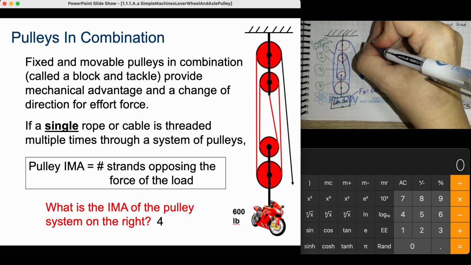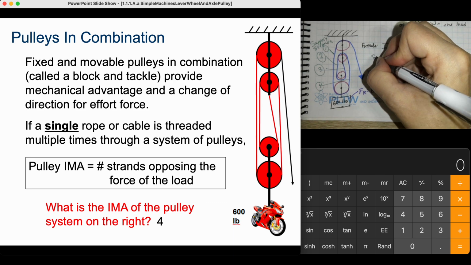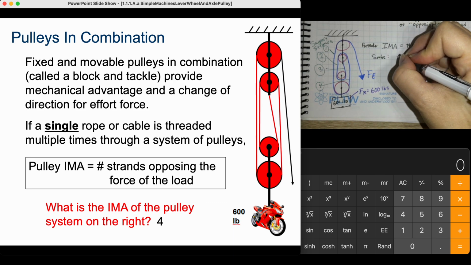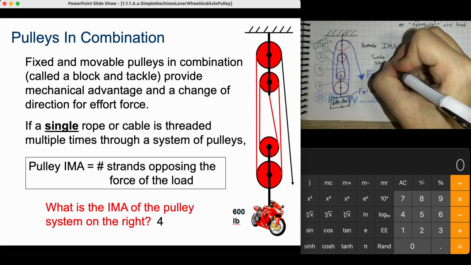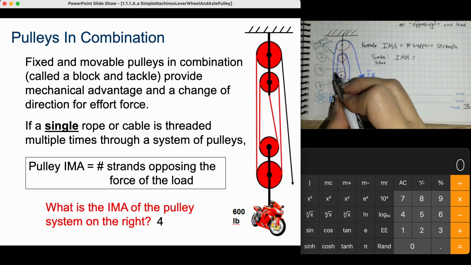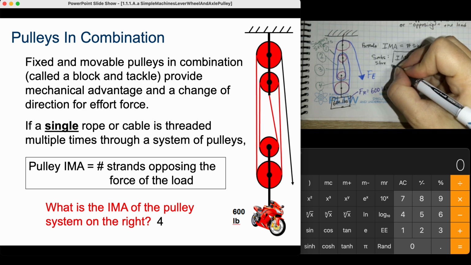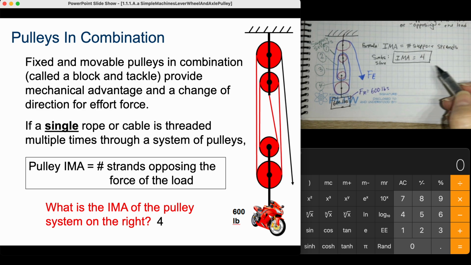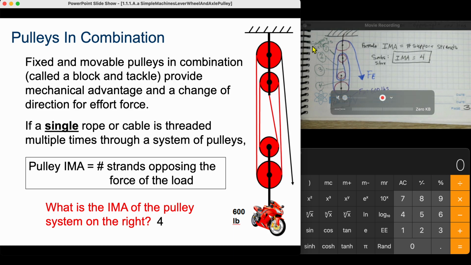That is my formula. Substitute, and solve. You're just counting the support strands, and it's 4. That's it. And since this is mechanical advantage, there is no unit again. So that's our final answer for the IMA of this combination pulley. Okay.